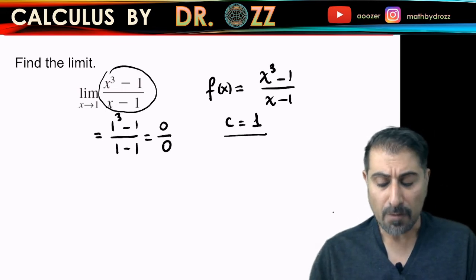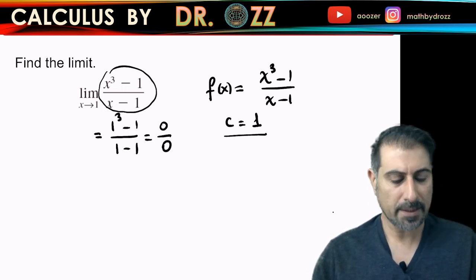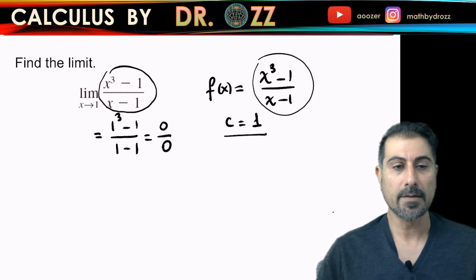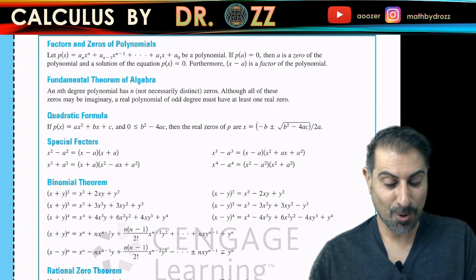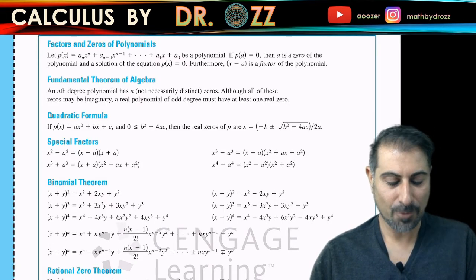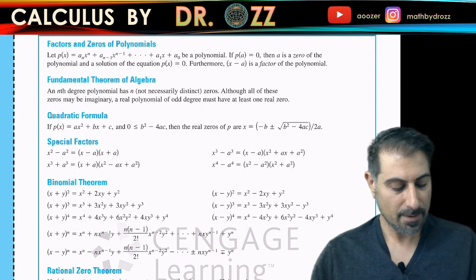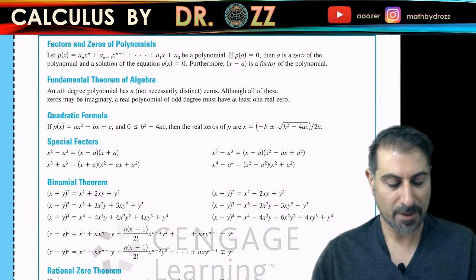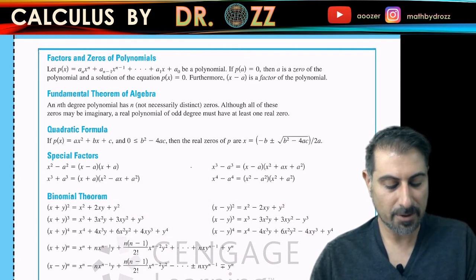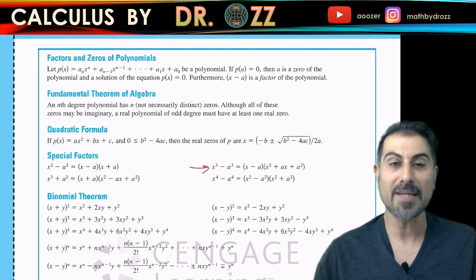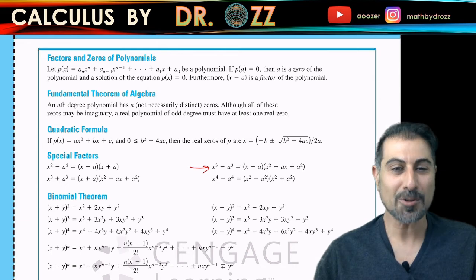Well, we know from algebra that we can simplify this quantity, and I'm going to use this formula in the algebra formula card. The formula is x cubed minus a cubed is equal to x minus a times x squared plus ax plus a squared.